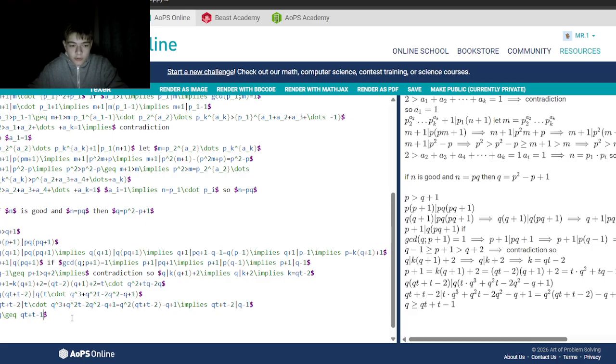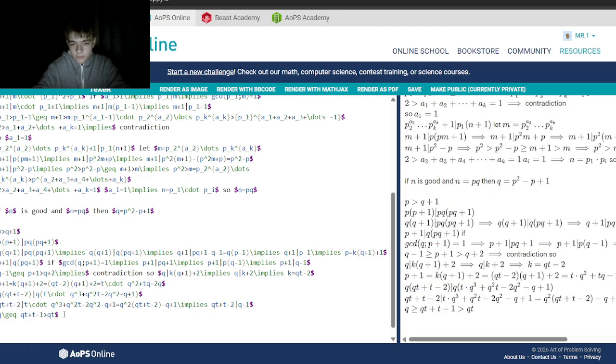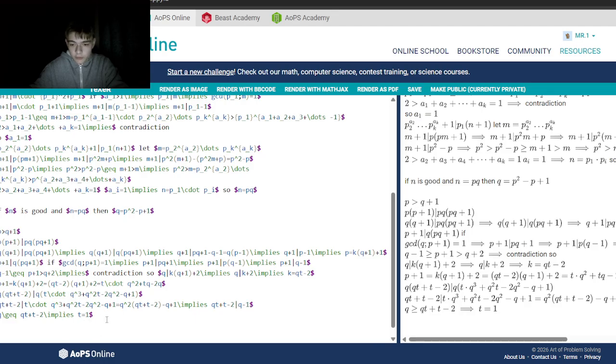Now if t is more than 1, then we know that this is more than qt, because t minus 1 is greater than 0, so this is more than qt, which is more than q, because t is at least 2, and this is a contradiction, which implies that t should be equal to 1. Okay, t is equal to 1.